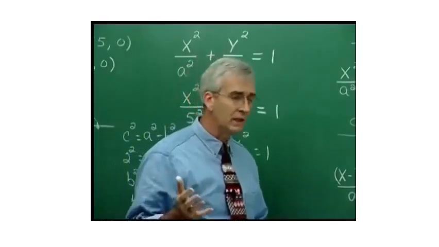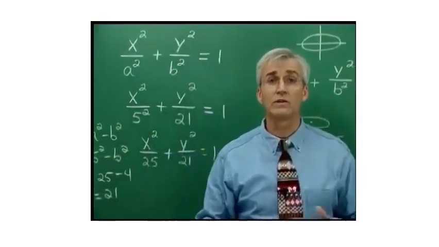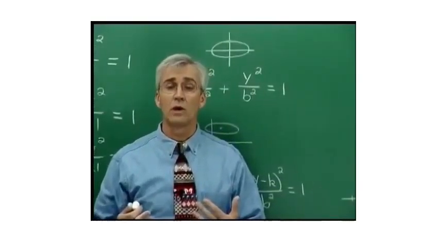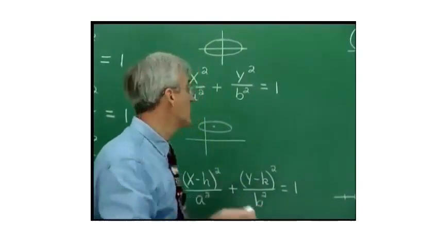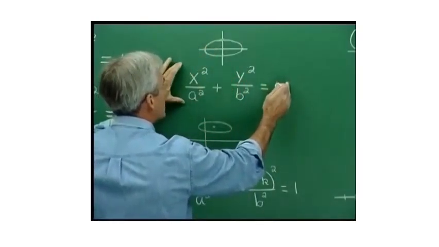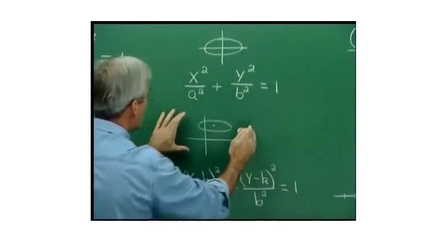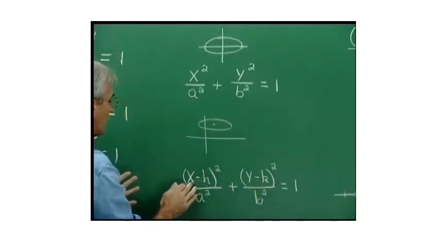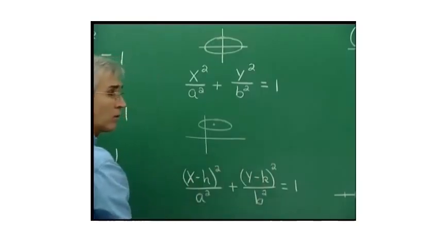When the center of the ellipse moves away from the origin, we simply introduce the h and k that we discussed earlier when we were talking about the parabola. That is, we start with the idea that if the center is at the origin, then this is the nature of our equation. When the center is not at the origin, you see, we introduce h and k, h associated with x and k associated with y.